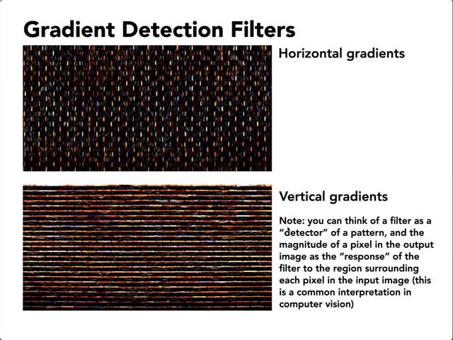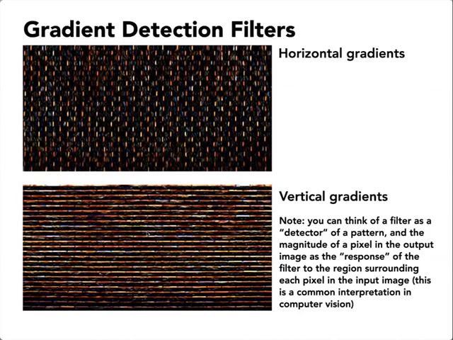So there's a little note here. This is an example that shows you can think of a filter as a detector of a pattern. The magnitude of a pixel in the output image is the quote unquote response of the filter to the region surrounding that output pixel in the corresponding input image neighborhood.